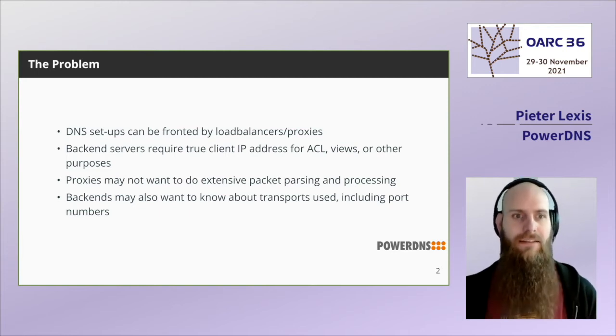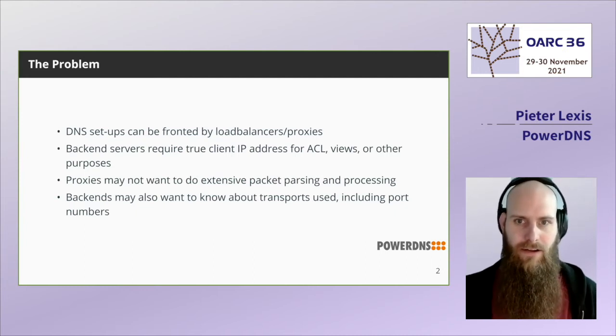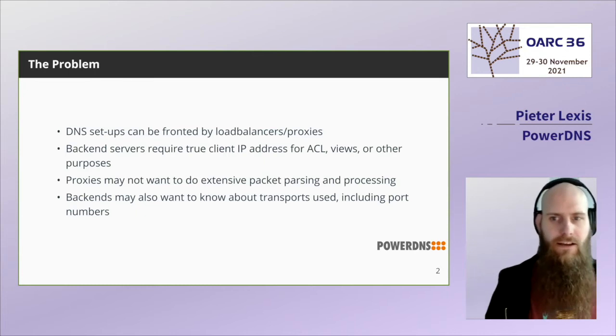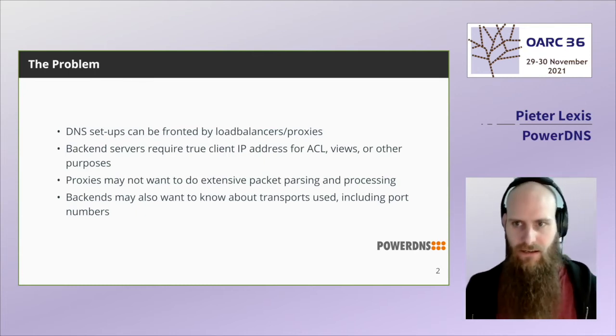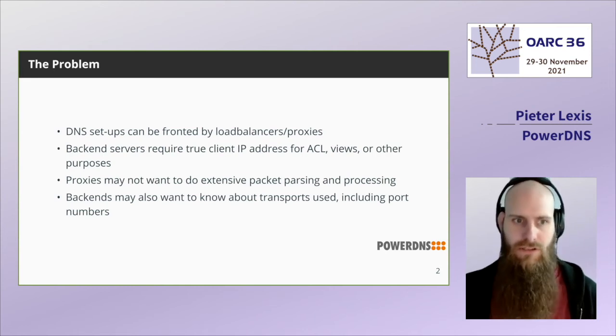Unfortunately, many of the backend servers that are fronted by these load balancers and proxies require the actual client IP address for ACLs, views, and other purposes like filtering or policies.